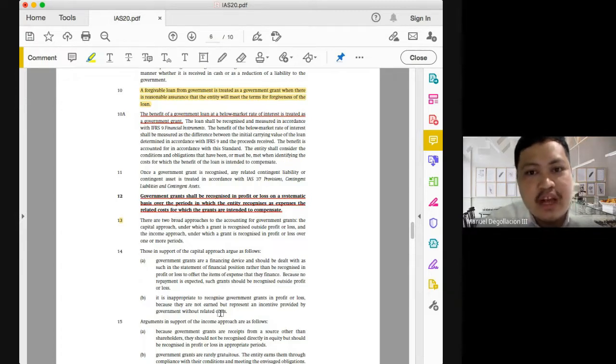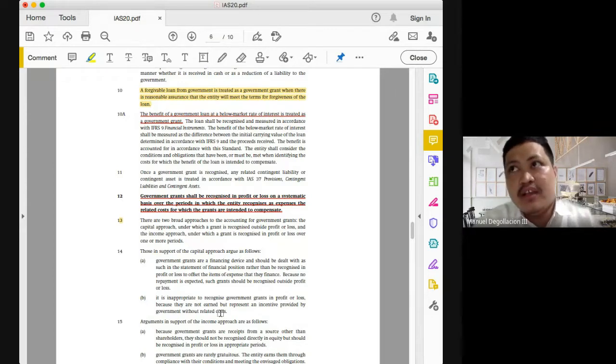So, for example, a government grant is related to an asset, class, and you will have to construct an asset. Basically the arrangement is you construct this kind of an asset worth 20 million and the government will give you 10 million. So you would ask the question, why would the entity agree to that?